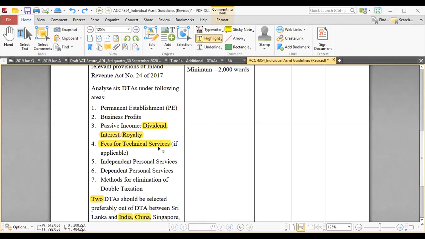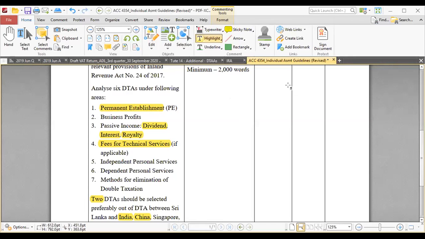The first column is based on the IRA provision: what the IRA says, let's say on permanent establishment. You can take this from the Inland Revenue Act and the TUT we discussed. The next column says what the DTA between Sri Lanka and India says.